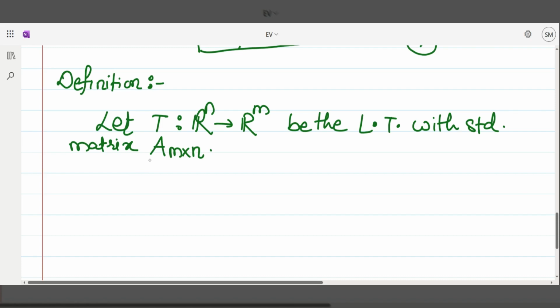So with these prerequisites, a vector x belongs to Rn, and that vector we are taking as a non-zero vector.